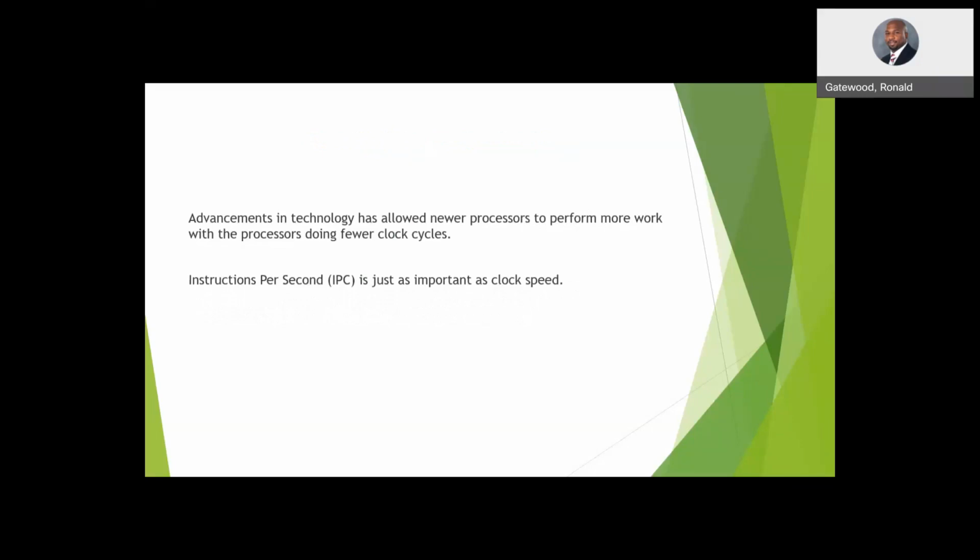So not only when you're looking at a processor or looking at a computer and you notice the processor speed that is published, it's also good to see if you can find out the IPC, instructions per second.